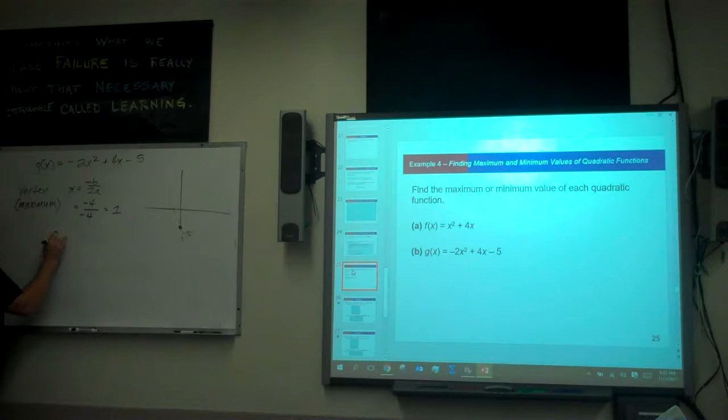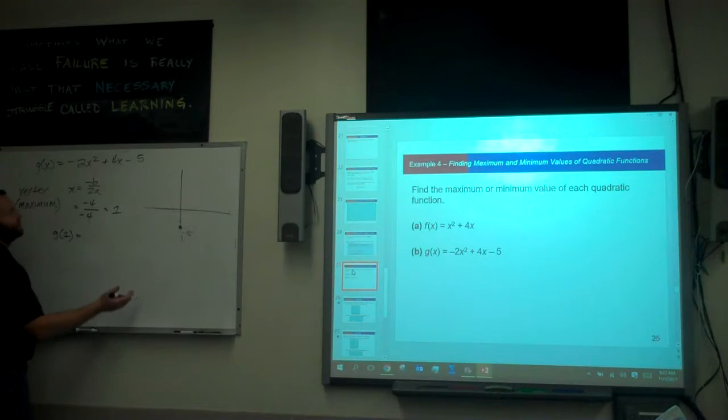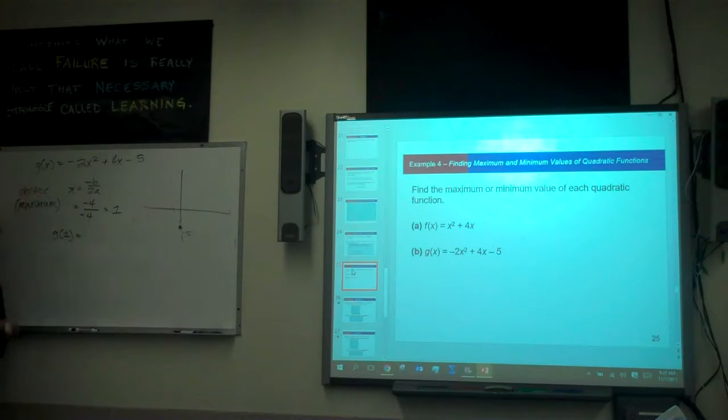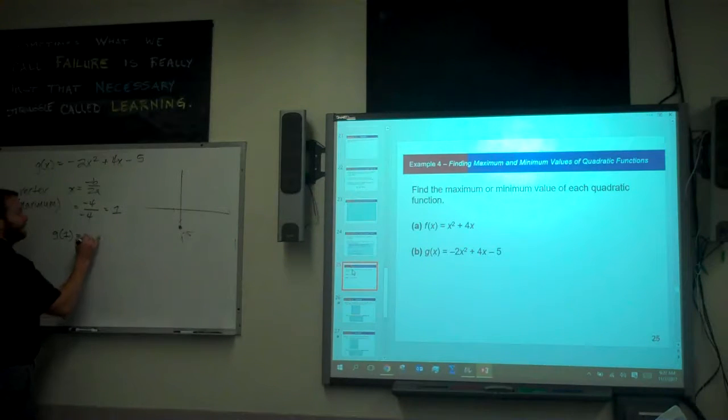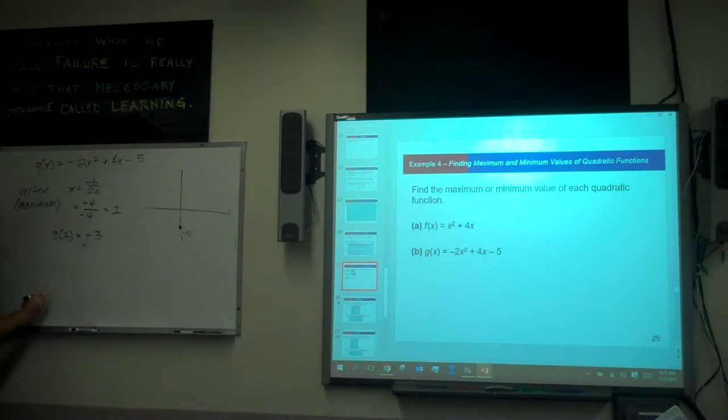Now we'll find g of 1, which is going to tell me the y coordinate of my vertex. Just plug 1 in there. 1 squared is 1 times negative 2 is negative 2. Plus 4 gives me 2. Minus 5 gives me negative 3. So g of 1 ends up being negative 3. So now my vertex is located at the ordered pair 1, negative 3.